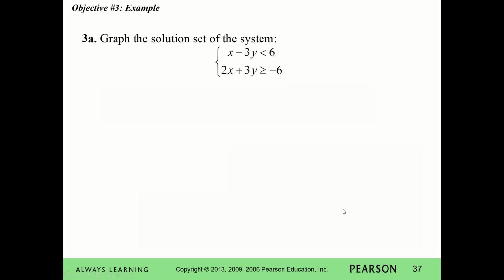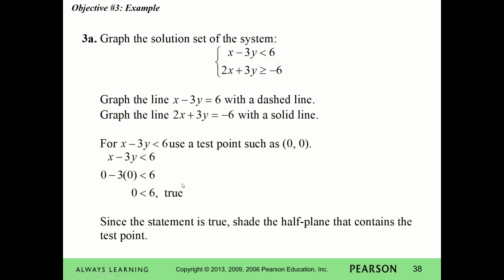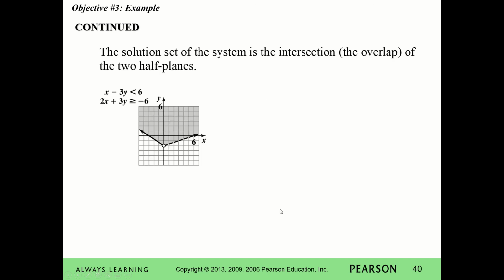All right, let's graph this system of equations. First thing we do is set them as equals, and we look and say, well, this one's going to be a dotted line, this one's going to be a solid line. So now we graph the first one. They start with a test point, but essentially you're going to have to graph that one too, and then you grab a test point for the second one, and once you graph them off, your equation is going to look like this, right?